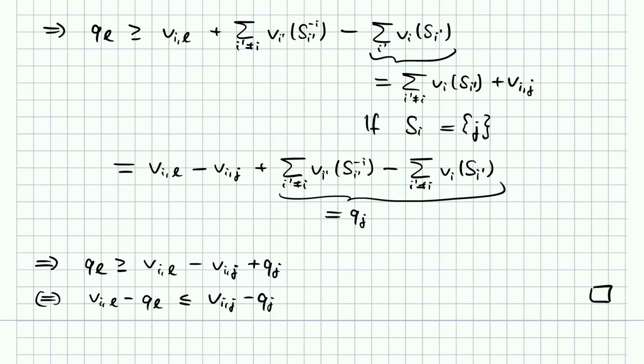And we're done. Why that? Because this is exactly the property that we wanted to verify. That if bidder I is getting item J in allocation S, then they don't want anything else better, meaning that their value minus what they have to pay for the item will be no more than the value minus what they pay for the item that they're actually getting.